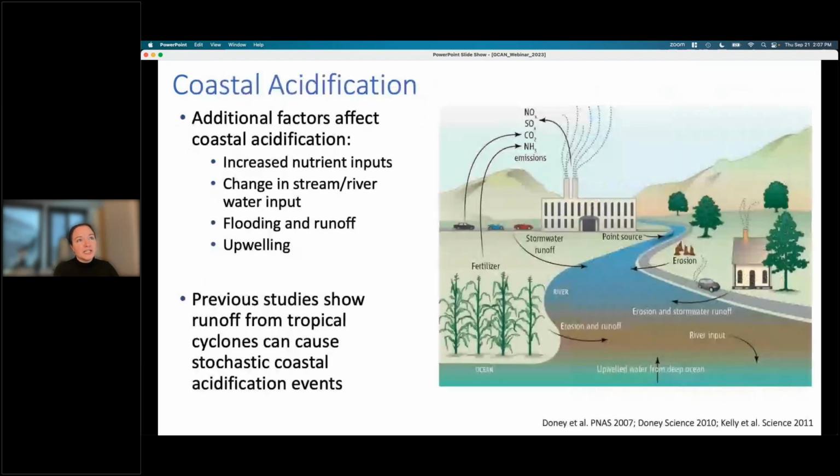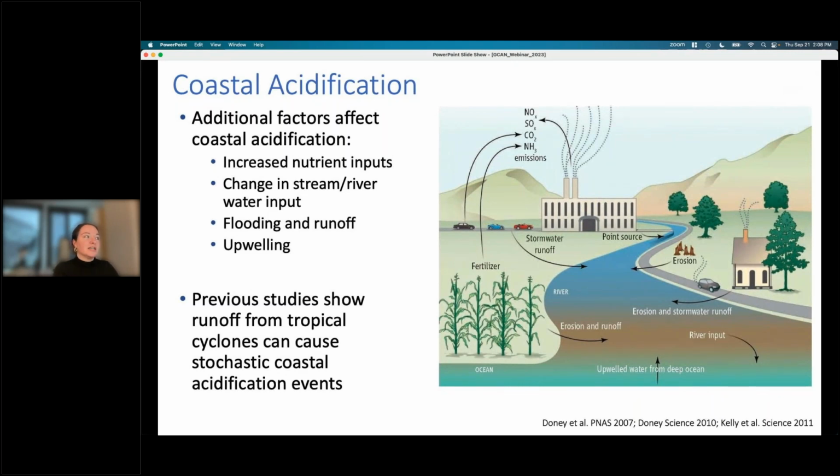While open ocean acidification is driven primarily by the increase in anthropogenic carbon dioxide, coastal environments are affected by a number of additional factors that can further exacerbate or increase the acidification in coastal environments.